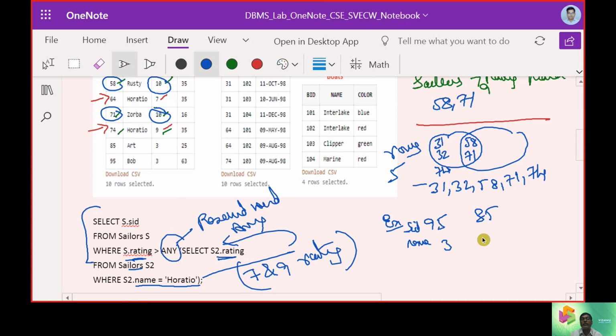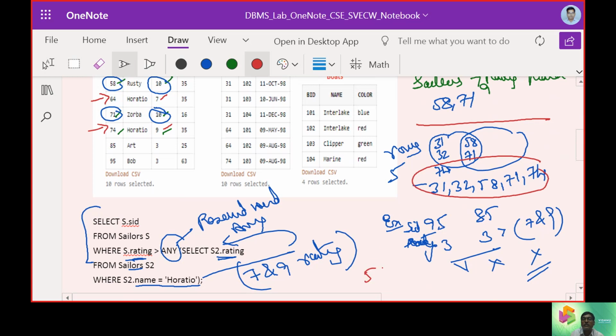Similarly, if I have 85 and his rating is 3, they don't fit here, right? We compare whether it is greater than 7 and greater than 9. The answer is no. In this way we are going to verify. So at the end, only 5 cases fit the model. Just verify it. Now we will select the query here.